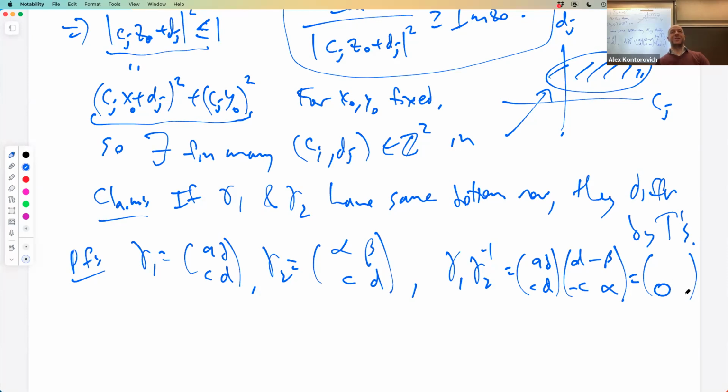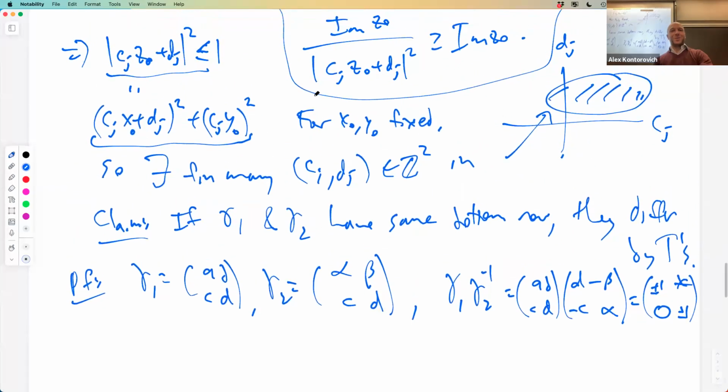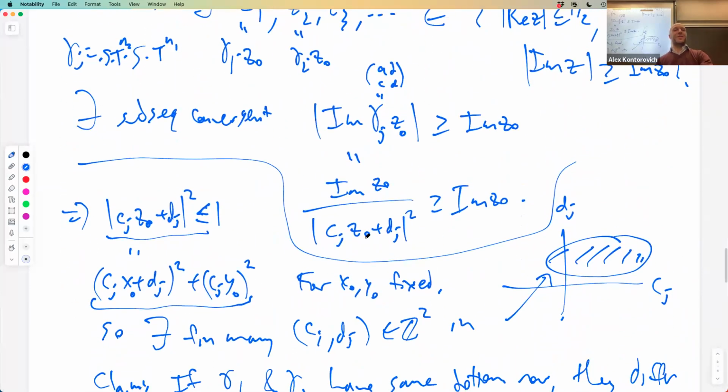These are integer matrices. The determinant is 1. So this is either 1, 1 or minus 1, minus 1. In PSL2, that's the same thing. And then whatever is here is some integer. So it's just powers of T in PSL2. Okay, so these matrices, in fact, can only have finitely many C's and D's.